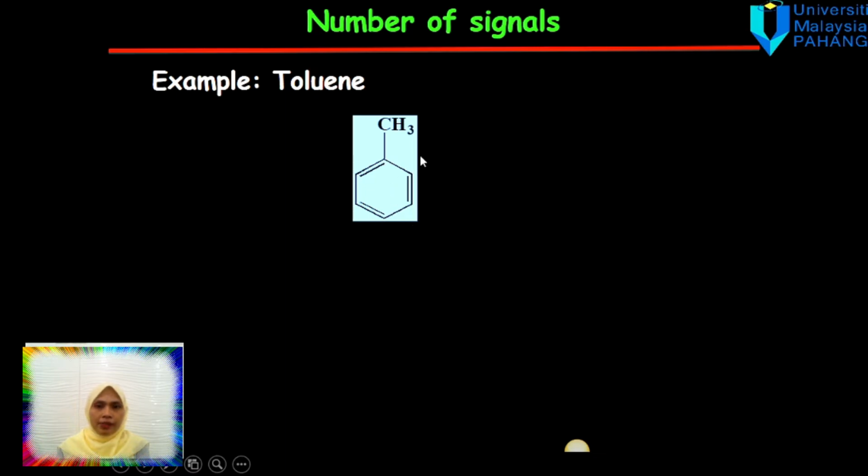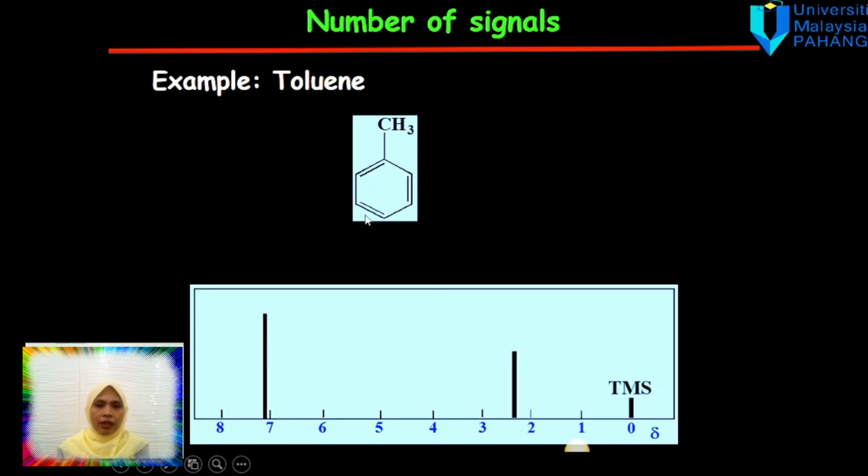We see in this benzene ring, the protons are all in the same environment. So they have one signal for the benzene protons, and the other protons give a different signal, which is on the saturated carbon. In this case, we have two signals, with an integration of 5 for the 5 protons in the benzene ring.